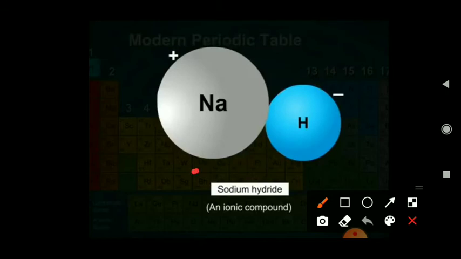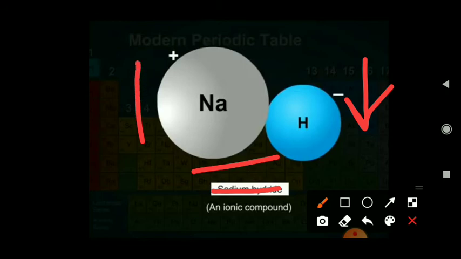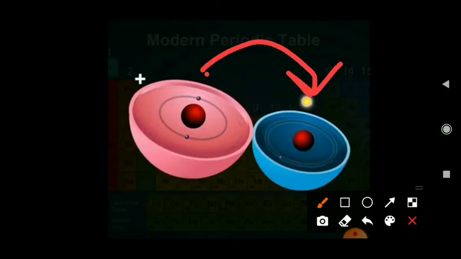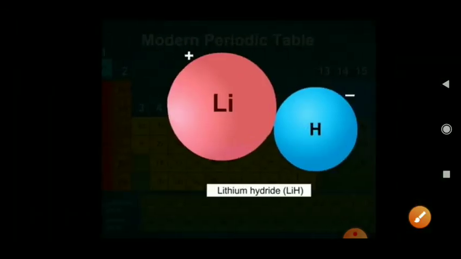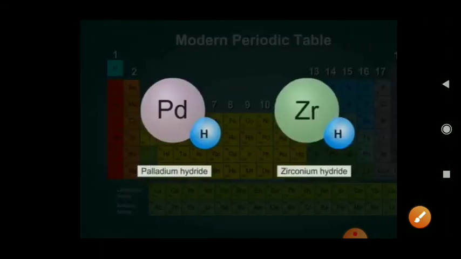For example, sodium hydride: when sodium loses one electron to hydrogen, it forms sodium hydride, where hydrogen is negative, an anion, and sodium is positive, a cation. Similarly, when lithium gives one electron to hydrogen, it forms lithium hydride, where lithium is a cation and hydrogen is an anion.